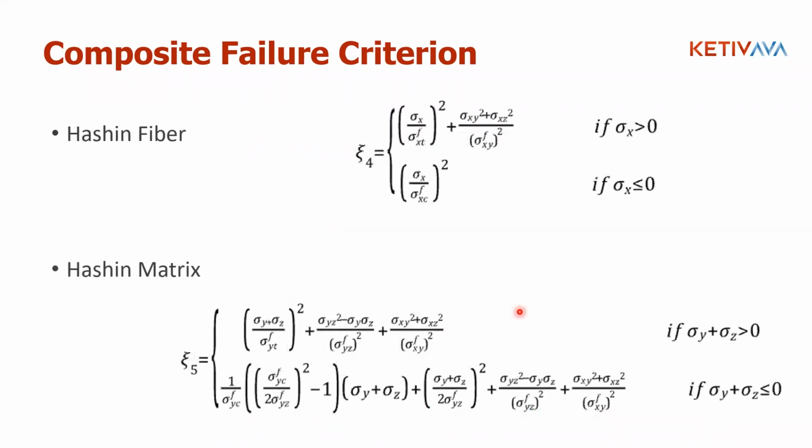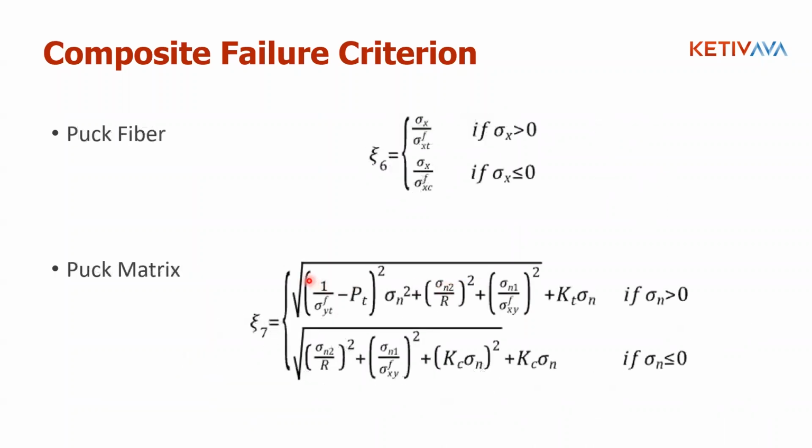And then you have the physical criteria, like Hashin, where you separate the failure criteria for fiber and for matrix, and for tension and compression. And same thing for Puck. Okay, so also you have the failure criteria for fiber, for matrix, and the treatment for tension and compression would be different.